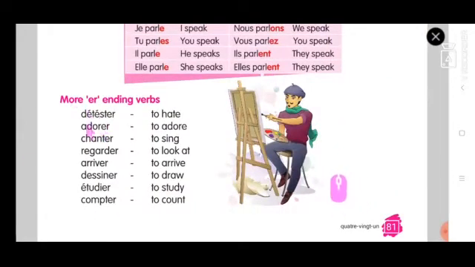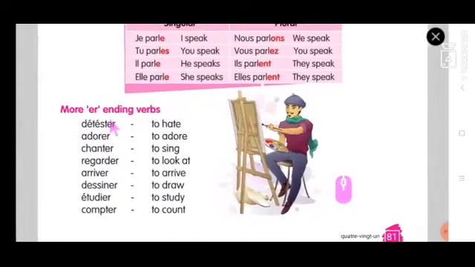Imagine the first verb is détester. I told you to write this as homework, all the verbs to be conjugated. I think you would have finished it. Anyway, I will just repeat it. First imagine détester, then cut out the ER, and add E, ES, E, ONS, EZ, ENT.